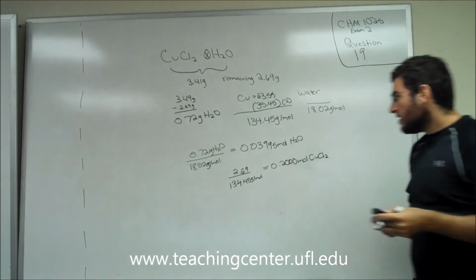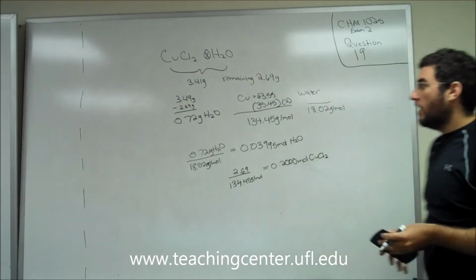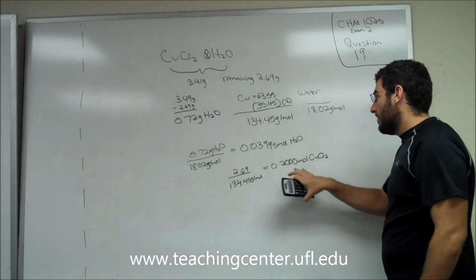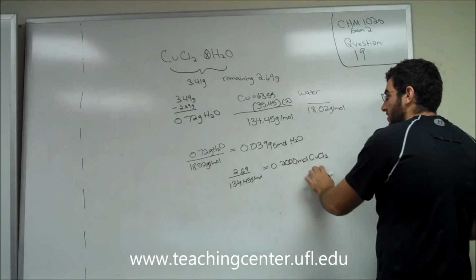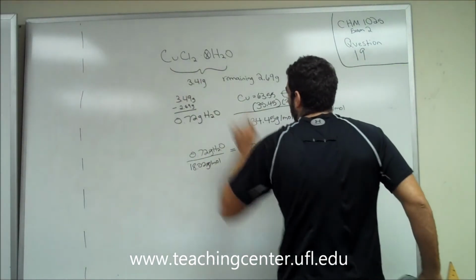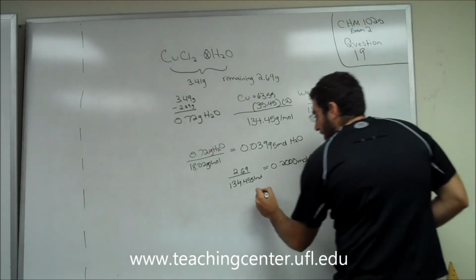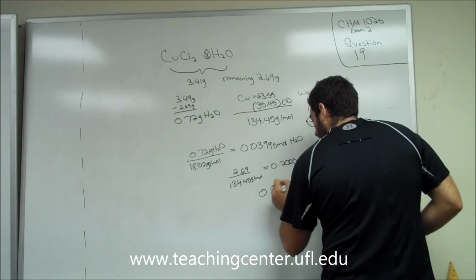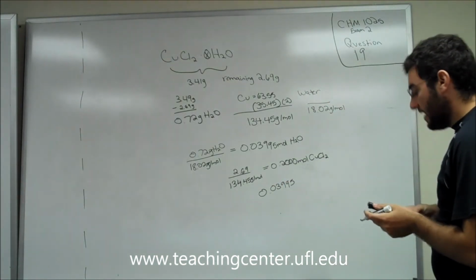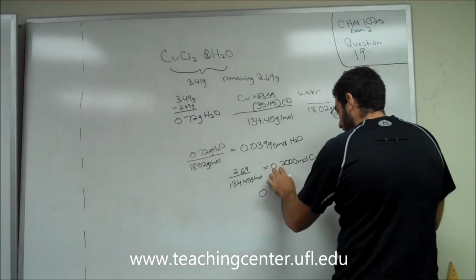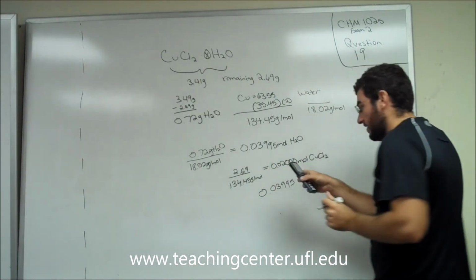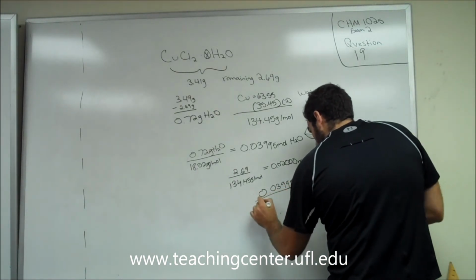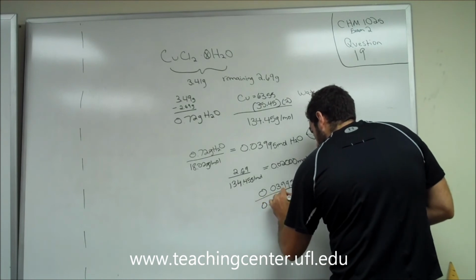To find out the coefficient in front of the hydrate, what we do is we divide by the smallest number. In this case, we're dividing 0.0200 by 0.0200, which is why there's a 1 in front of the copper chloride. Then we do 0.03995 moles divided by 0.02000 moles.